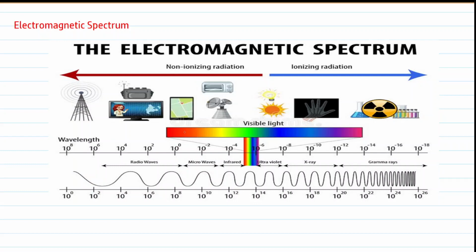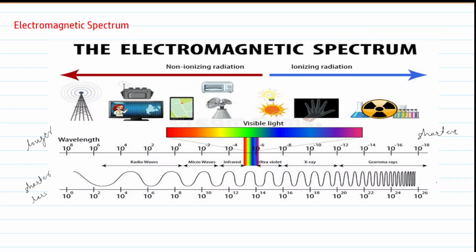Now, on this side, the non-ionizing radiations have a longer wavelength. If you compare with the ionizing radiations, these non-ionizing radiations have a smaller frequency, and energy is less.